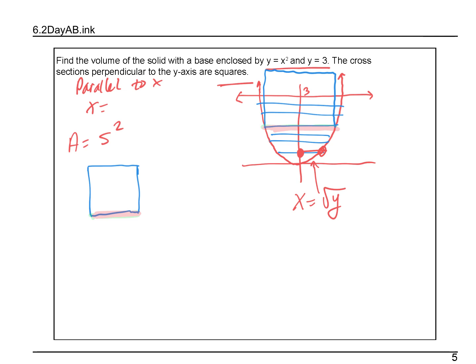Because this is symmetrical, I am going to double this to get the whole thing. And because it's a square, then I know the height of this, or the other side, is also 2 root y. Okay? So then my area is just 2 root y squared.